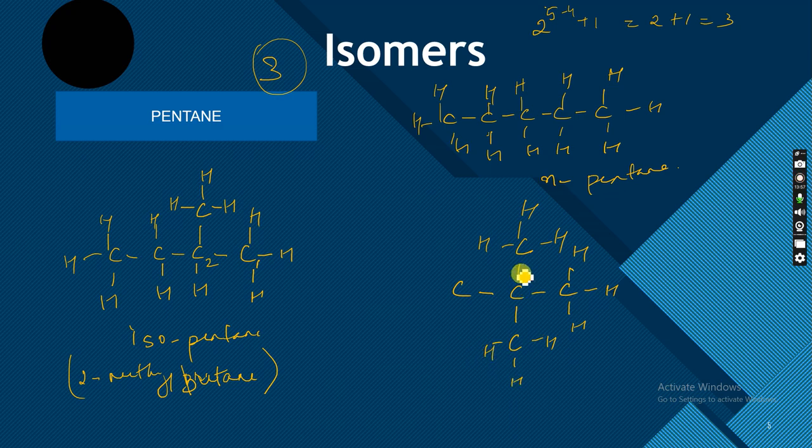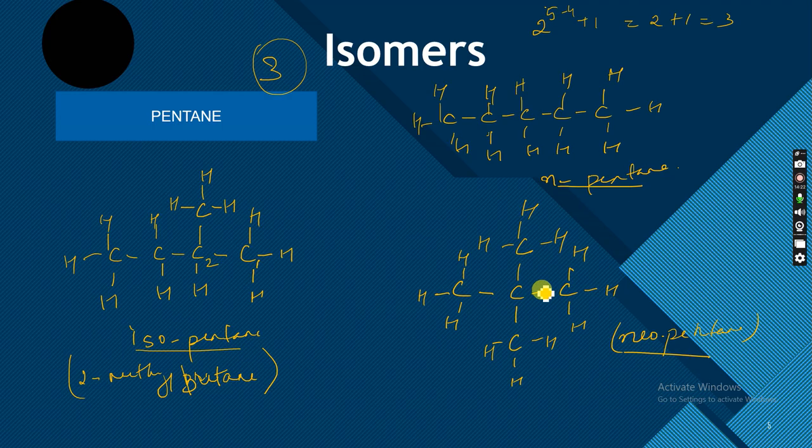Now for the middle carbon all the bonds are filled up, so no hydrogens are required for this carbon, and here 3 more hydrogens. So this is the third isomer of pentane. We call it neopentane. So n-pentane, isopentane, and this is neopentane.